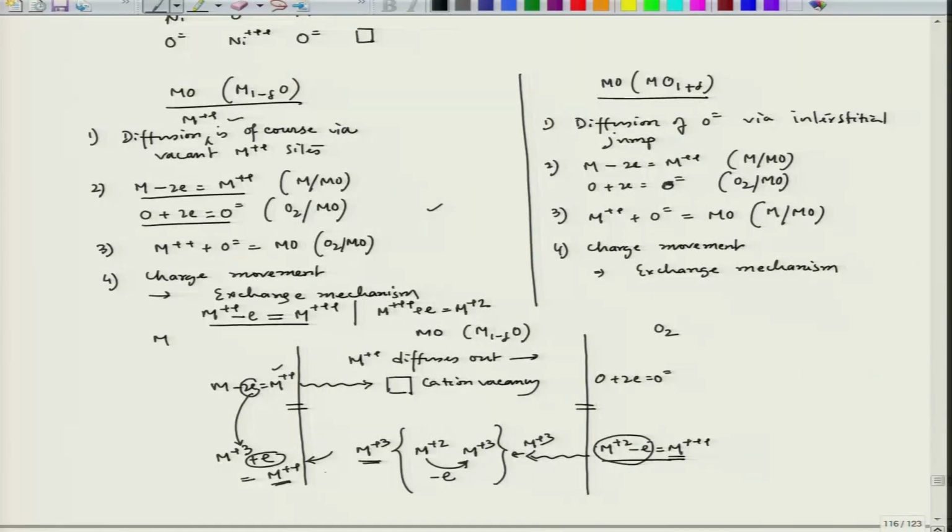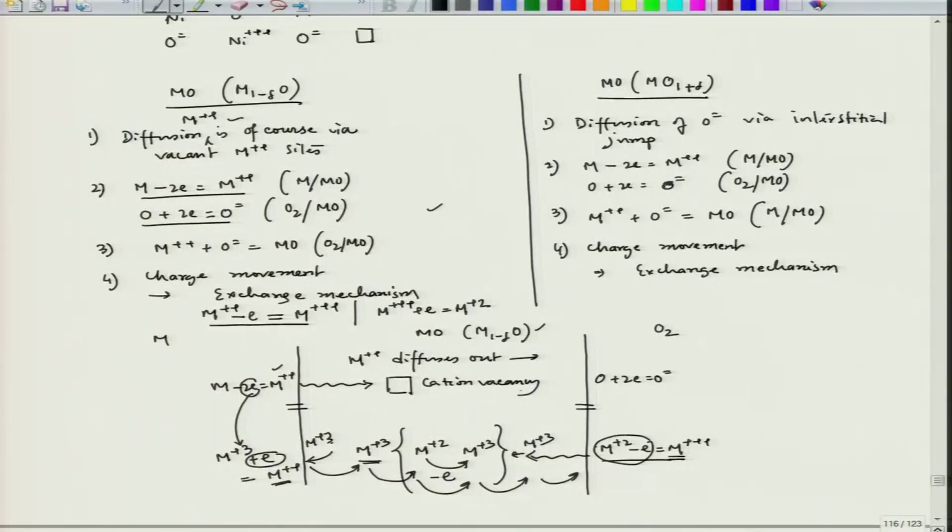This way metal plus plus goes to metal plus 3 and leaves metal plus 3, and then again this mechanism keeps going. Finally, metal plus 3 combines with an electron and forms metal plus 2. That is how the mechanism of oxidation happens in the case of p type oxide, of course when metal deficiency is there.